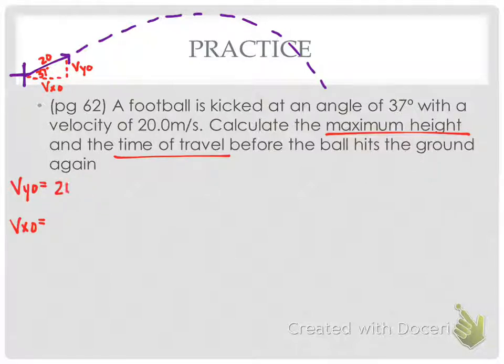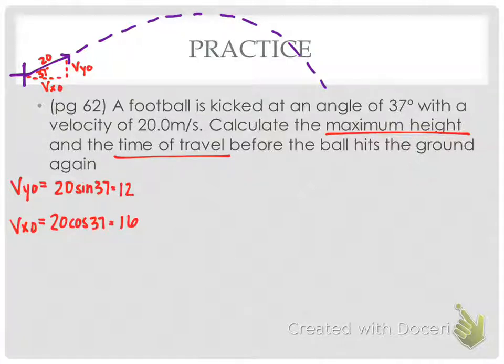I took 20 times sine of 37, and I got 12. Okay, to find the x component, that's my adjacent side, so I'll take 20 times cosine of 37, and I get 16. Okay, are we on the same page so far?